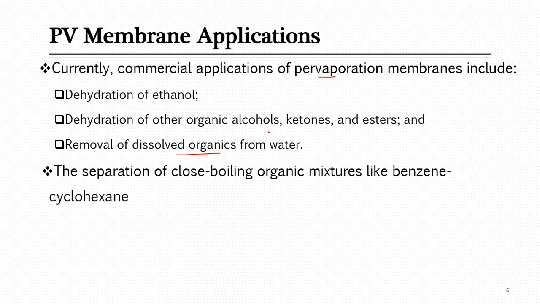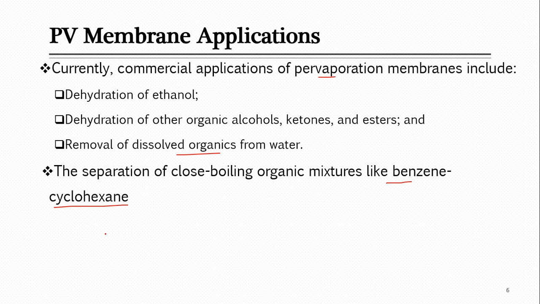The separation of close boiling mixtures is again difficult. At the start we also discussed that close boiling organic chemicals are difficult to separate. For those applications, these pervaporation membranes are good.